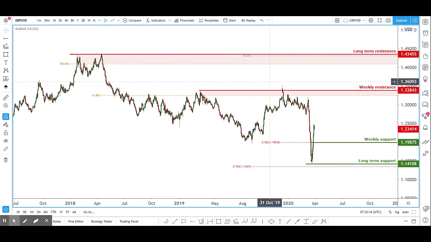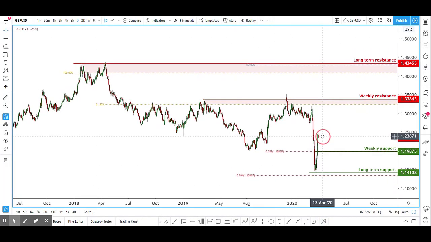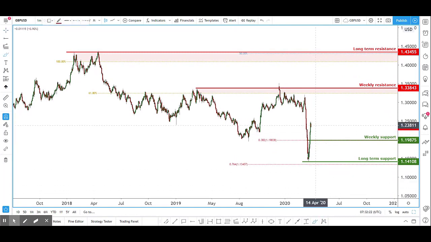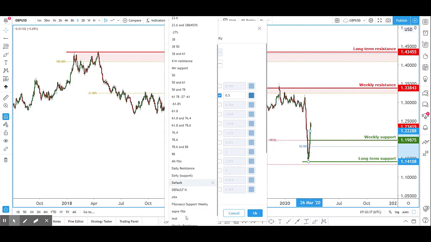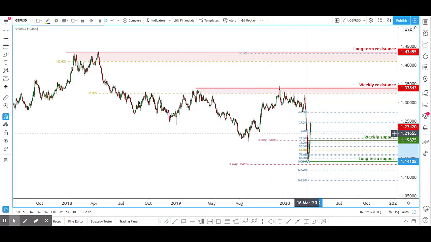Now we're actually on the daily time frame, and the bias that I currently have is for price to make a push down low towards a daily support, and then after that another push up towards our weekly resistance. Right, so we take a retracement from the swing low here to where price currently is, and we open up all the Fibonacci ratios.